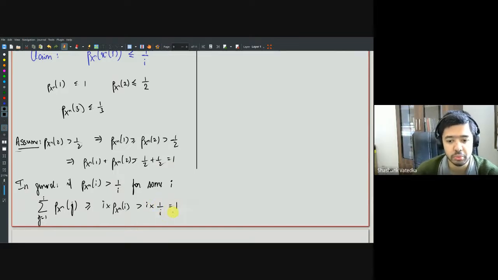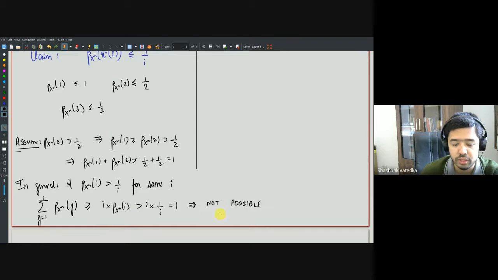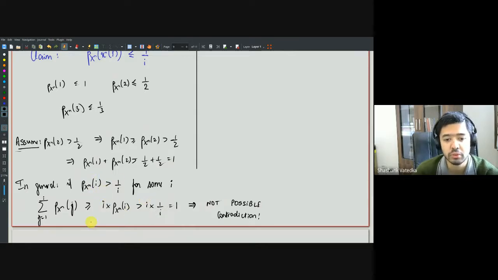So this is not possible, and therefore it is a contradiction. It's a proof by contradiction. So it must mean that P_Xn of i is less than or equal to 1 over i for all possible i.